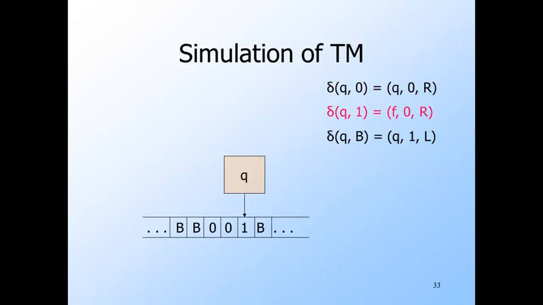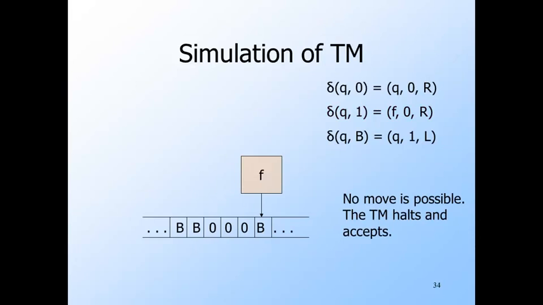Here the second rule applies. In state Q, it is scanning a 1, so it goes to the final state F, replaces the 1 by 0, and moves right. Here we see the effect of the last move. The Turing machine has no move for when it is in state F scanning a blank, so it halts. It has also accepted since F is a final state.